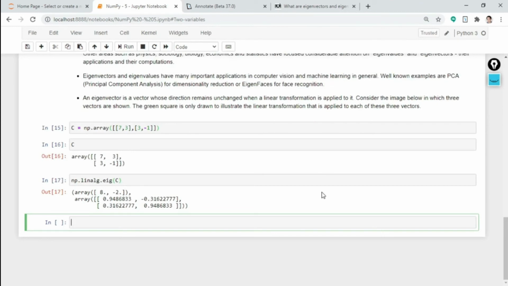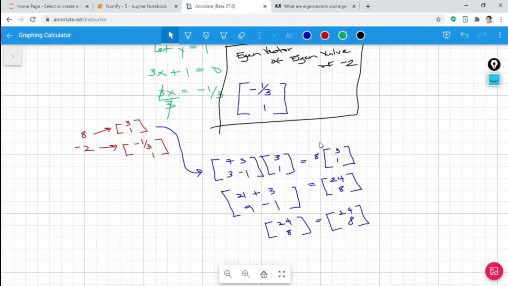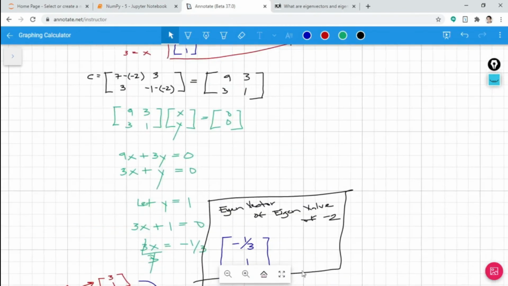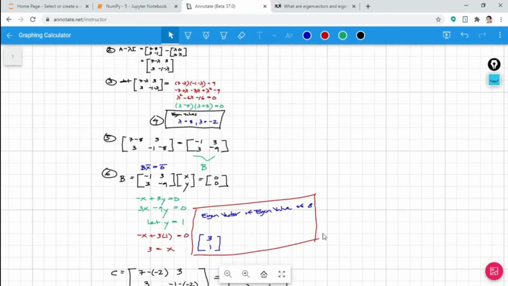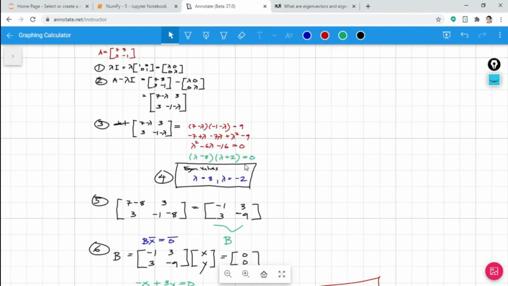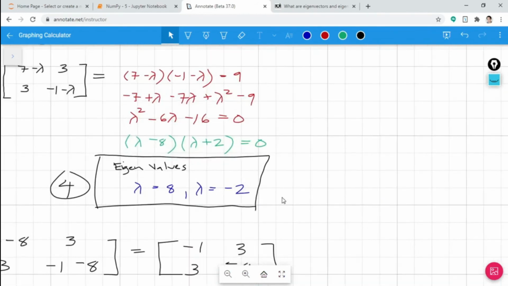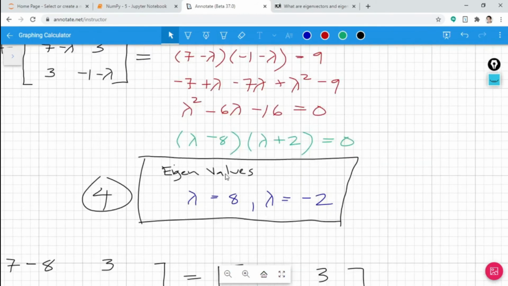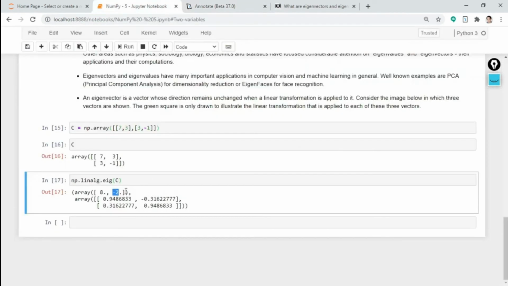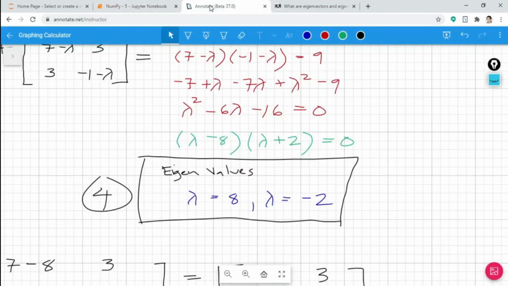The result for the NumPy eigenvalues gives 8 and negative 2. So I think we derived 8 and negative 2 for the eigenvalues. So we computed the eigenvalues, which are 8 and negative 2. So that's correct.